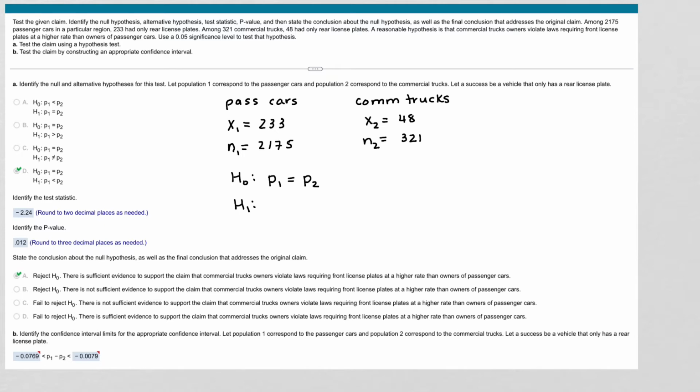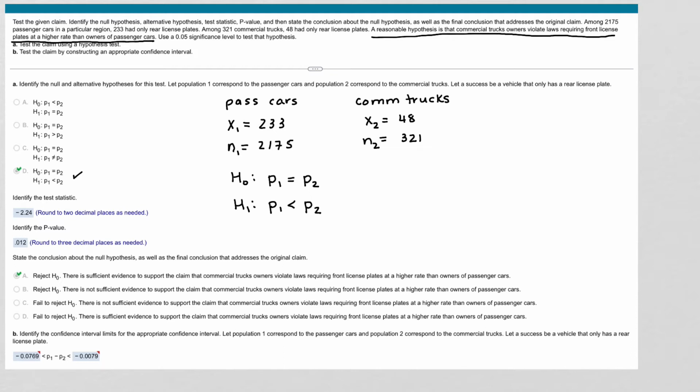It says a reasonable hypothesis is that commercial truck owners violate laws requiring front license plates at a higher rate than owners of passenger cars. So we want to say that P2, the rate of commercial trucks that don't have a front license plate, is greater than P1. I'm going to write that as P1 is less than P2, to keep it in order, 1 first and then 2. So that's our null and alternative hypotheses.